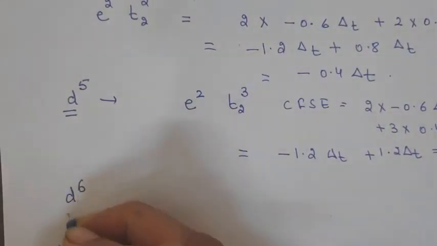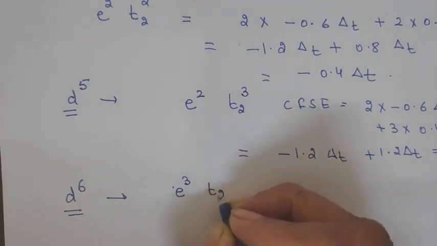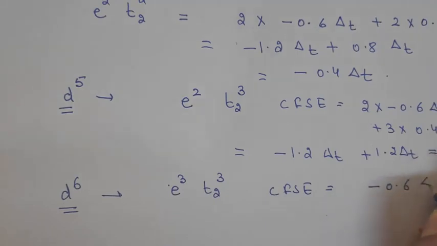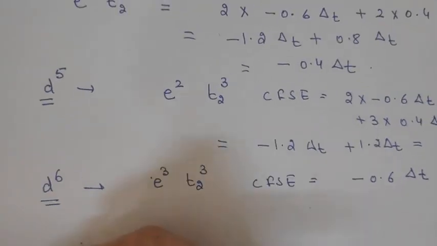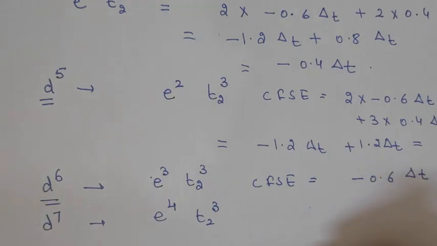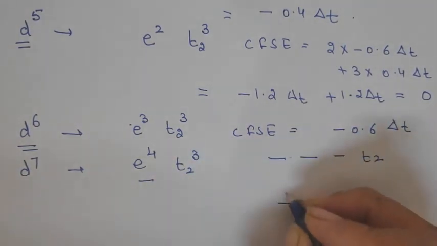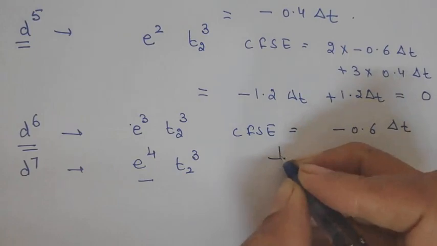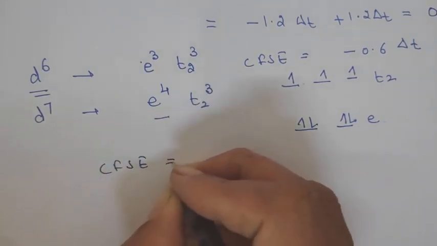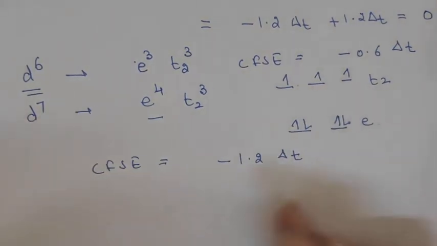For a d6 case, the configuration will be e3 t2^3 and the value of CFSE for this will be equal to minus 0.6 delta T. If you have d7 configuration, this will be e4 t2^3, and the value of CFSE will be minus 1.2 delta T. No pairing energies will be added over here.